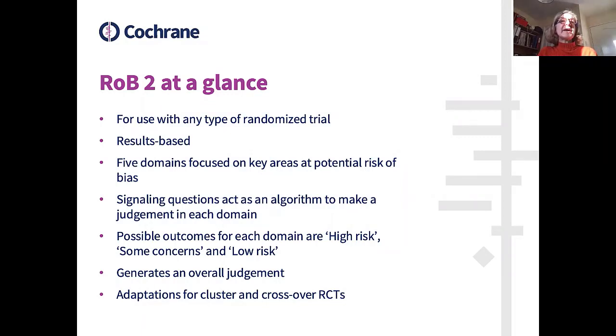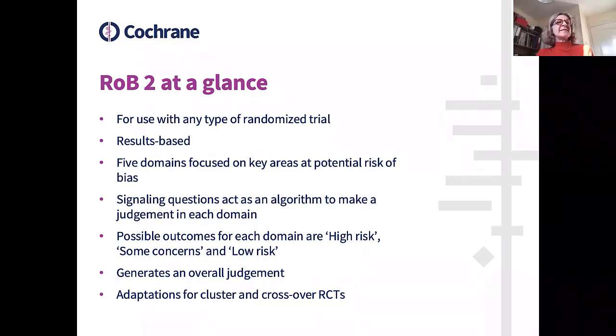For each domain, you get a result, which could be high risk, some concerns, or low risk. And there is also an overall judgment. Essentially, if any of the domains are at high risk, you get an overall high risk of bias.